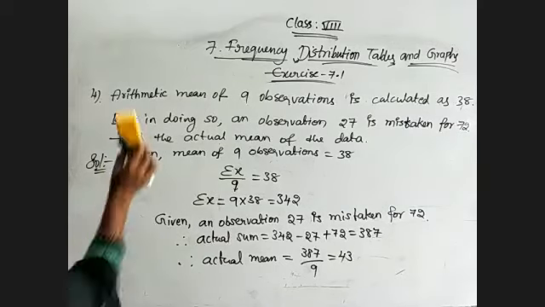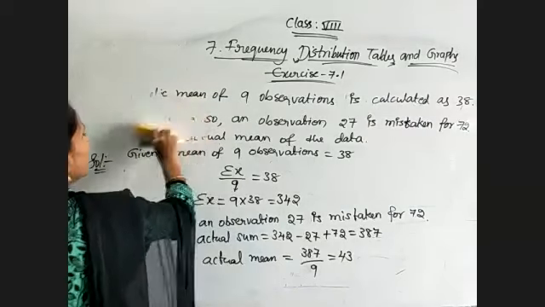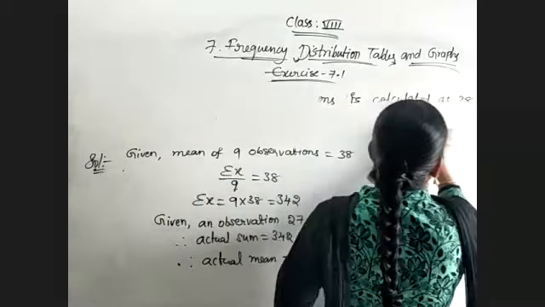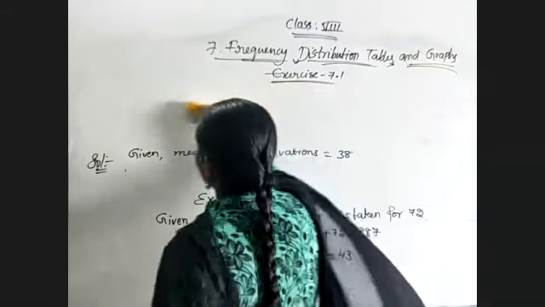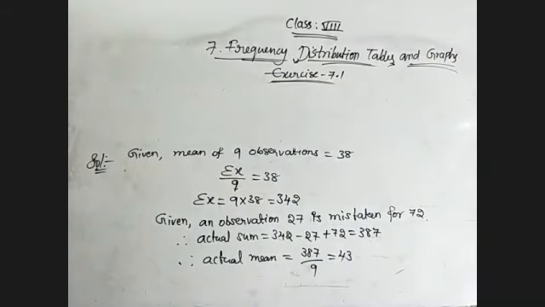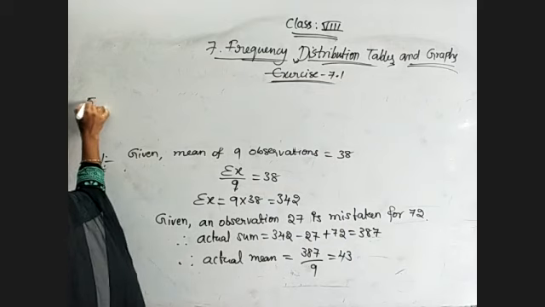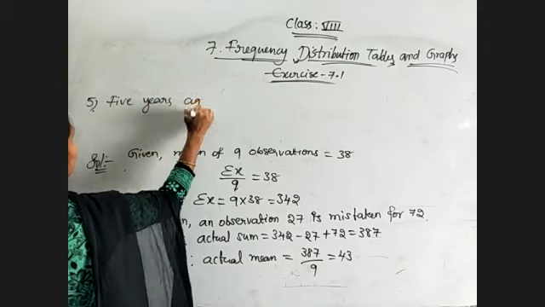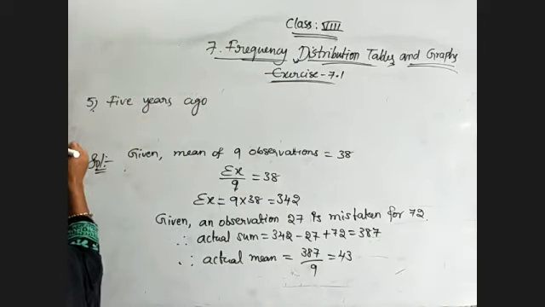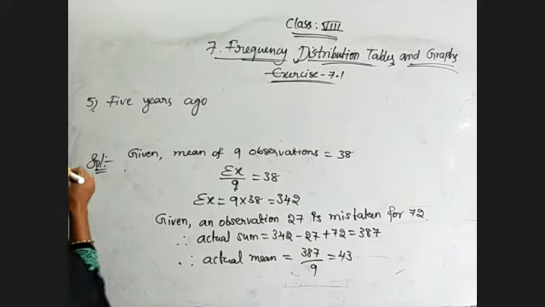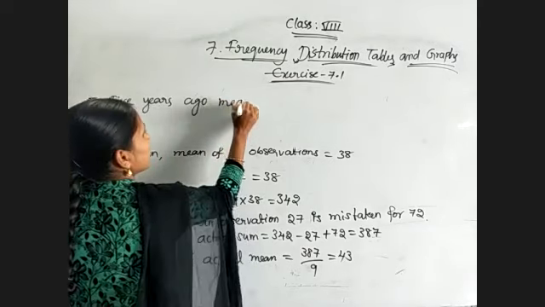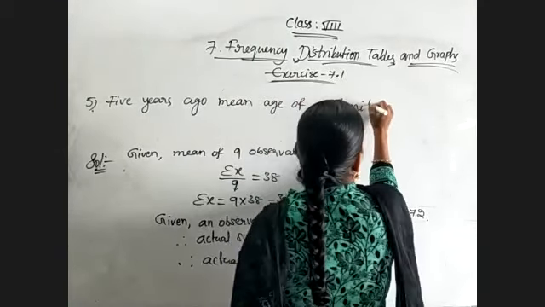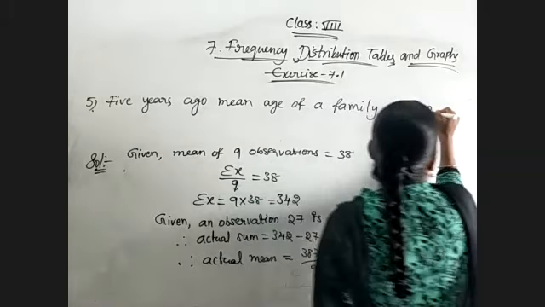Now coming to the fifth problem. Five years ago, the mean age of a family was 25 years.